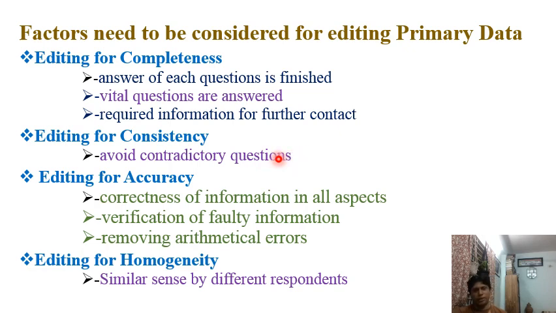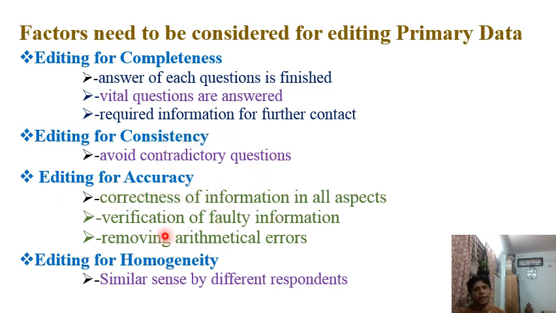Or if the first question is how many children do you have, and again we ask are you married, the second question will be a contradictory question. So during the preparation of the questionnaire, we must avoid contradictory questions. This is called consistency.